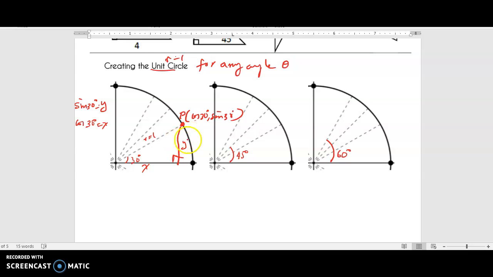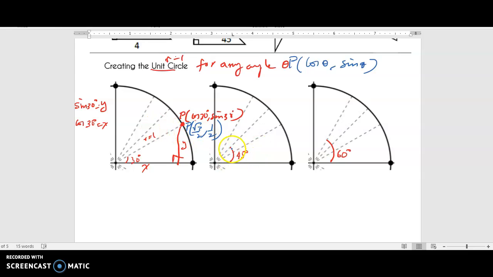Instead of writing x, y, I would write cosine of theta, sine of theta. This is any point on the circumference of the unit circle. So this would be P: cosine 30, we know that it's root 3 over 2, and sine 30 is half.